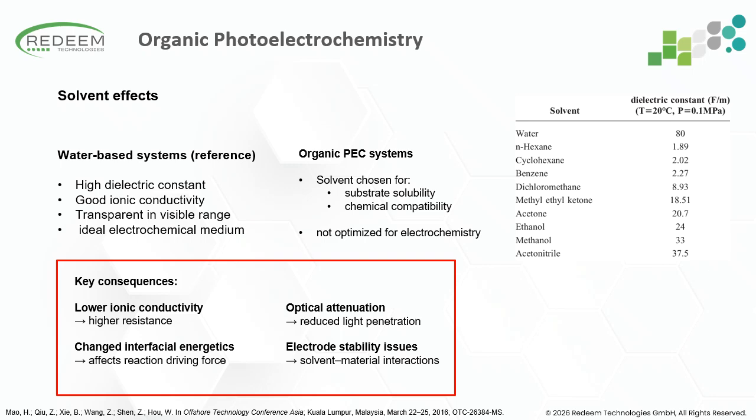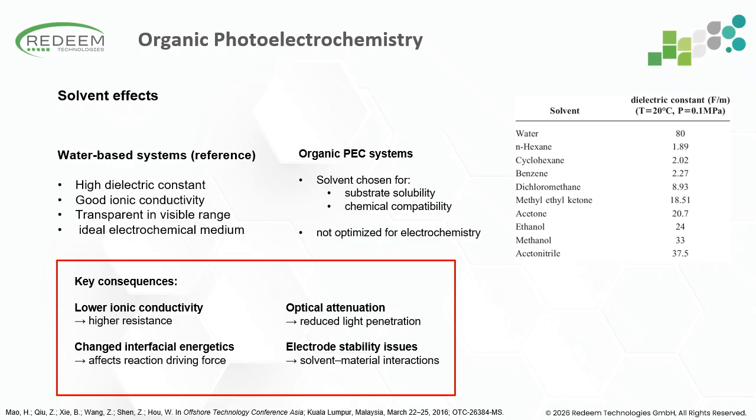As a result, many commonly used organic solvents have much lower dielectric constants than water, which you can see in the table on the right. And this immediately creates several challenges. First, the lower dielectric constant generally leads to lower ionic conductivity, increasing ohmic resistance of the cell and making current distribution much more difficult.